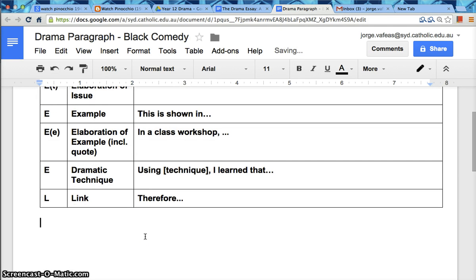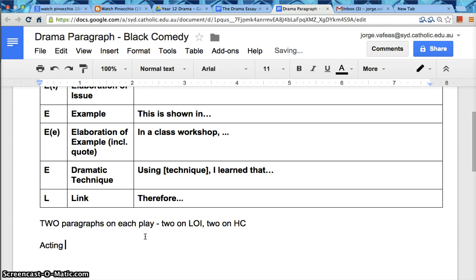Okay, so in terms of the drama paragraphs, what you should be writing is 2 paragraphs on each play. Okay, so that basically means 2 on Lieutenant of Inishmore and 2 on Homecoming. Okay, those 2 paragraphs can be made up of any of these 3 things.